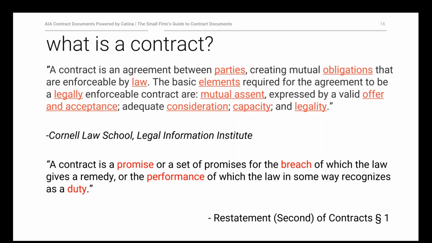The Restatement of Contracts, which is an old treatise that gets updated periodically, but has been around for a long time, simply defines a contract as a promise or set of promises for the breach of which the law gives remedy and the performance of which the law in some way recognizes a duty, right?